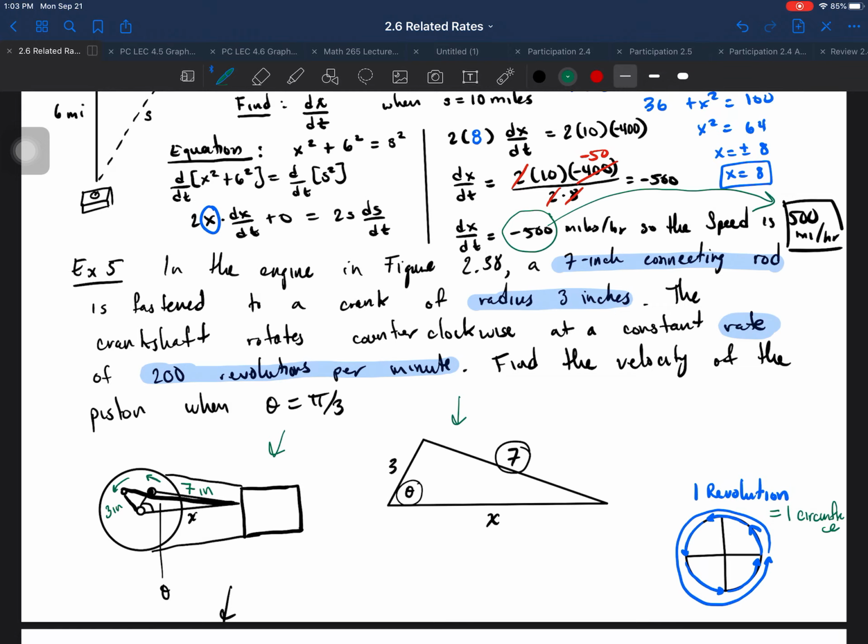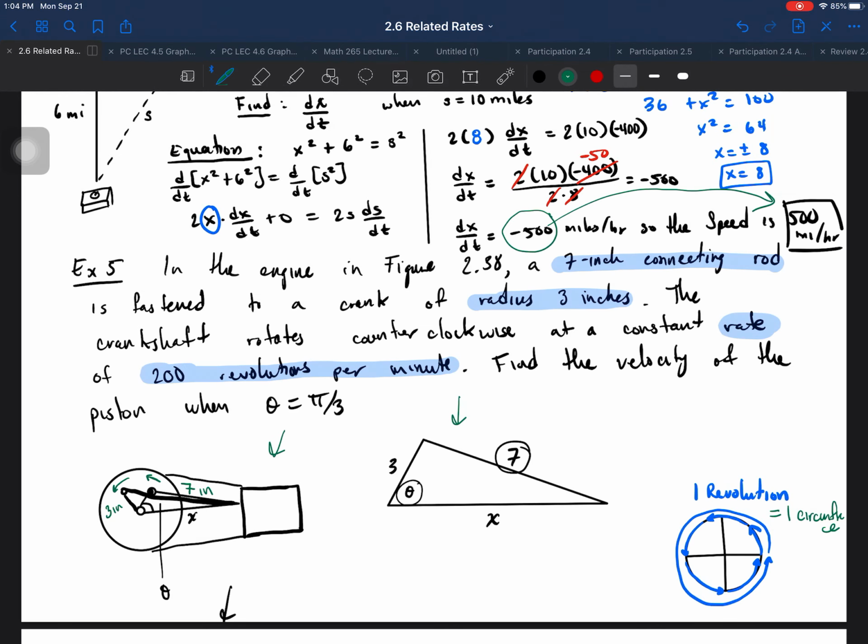So we have a 7-inch connecting rod, which is fastened to a crank of radius 3 inches. The crankshaft rotates counterclockwise at a constant rate of 200 revolutions per minute. Find the velocity of the piston when the angle is pi over 3.